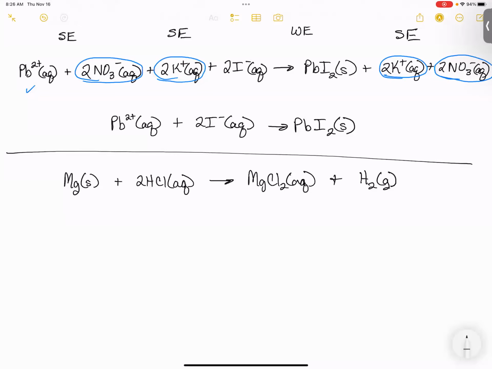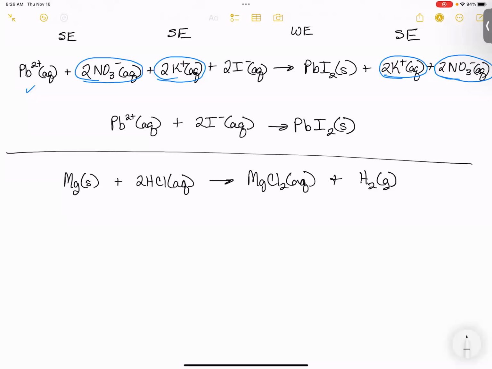You don't have to even think about it if it's a solid, liquid, or a gas. If it's a pure solid, pure liquid, or a gas, those are just going to stay as they are. Pure solids, pure liquids, and pure gases are not electrolytes.